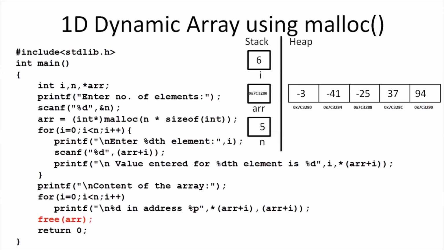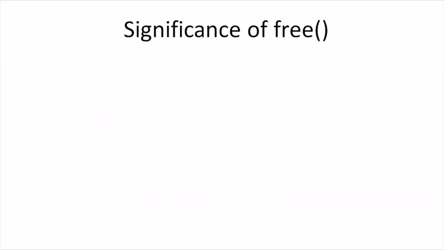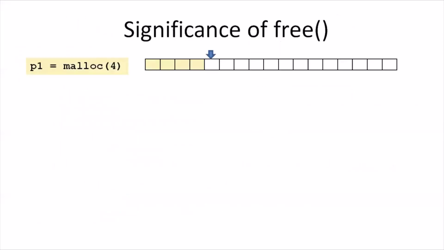Now let us take a look at what might happen if we do not free the memory. Say we have 17 bytes of memory, and say we first execute something like P1 equal to malloc 4. This assigns 4 bytes of memory to P1. The memory maintains a pointer which marks the beginning of the next available memory slot from where allocation might start.